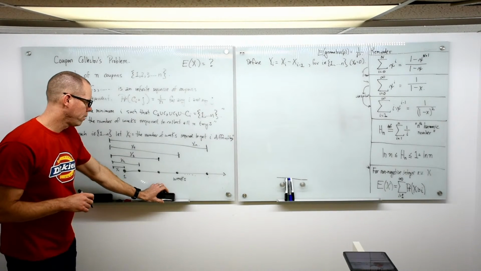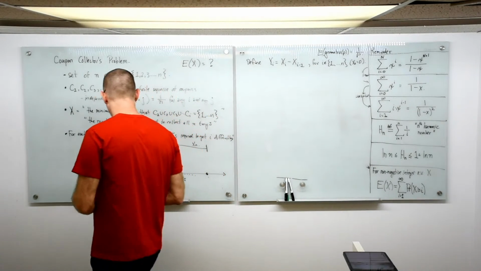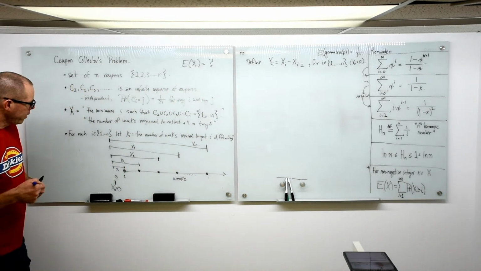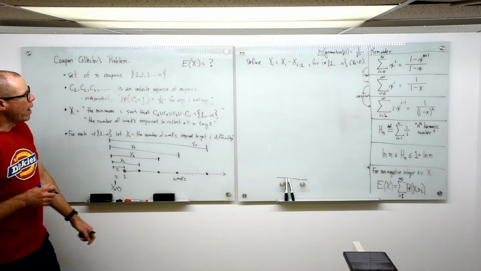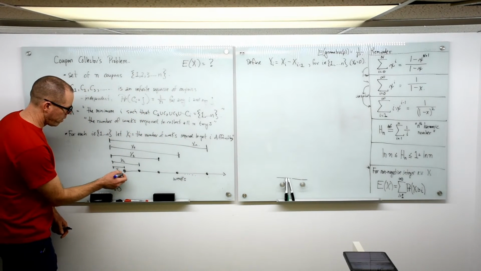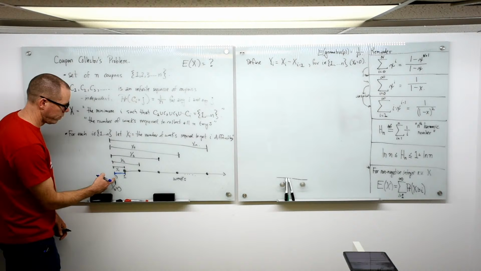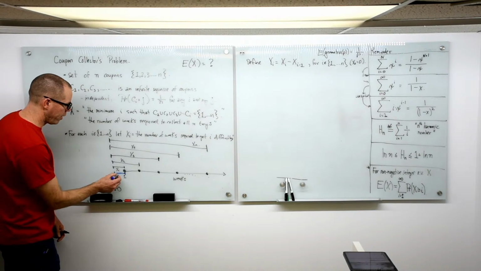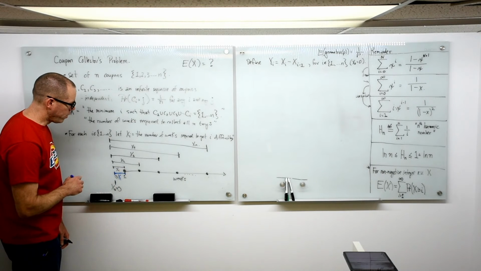So what do these y's look like? Well, let's say y1 is x1 minus x0. So there's x1, minus x0, so it's actually this thing here, right? It's 1 minus 0, so that's the value of y1. What's y2?